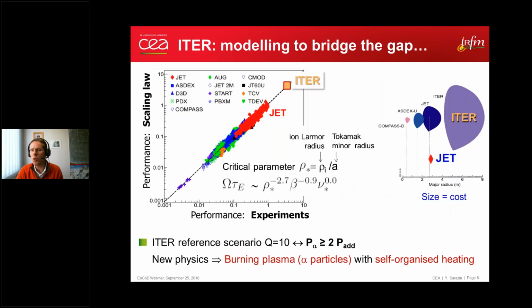So once we know that most of the transport, and so the energy confinement time, is governed by turbulence in Tokamak plasma, what are the main issues?